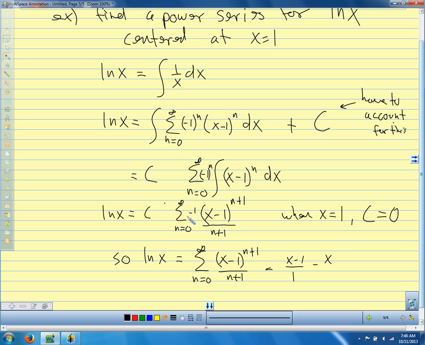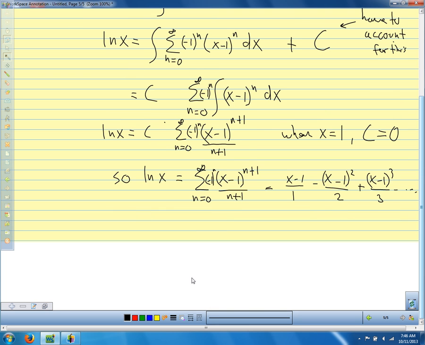I have that minus 1 to the n there. So my signs alternate: x minus 1 squared over 2 plus x minus 1 cubed over 3 minus dot dot dot. So this would be a power series representation for natural log of x centered at x equals 1.